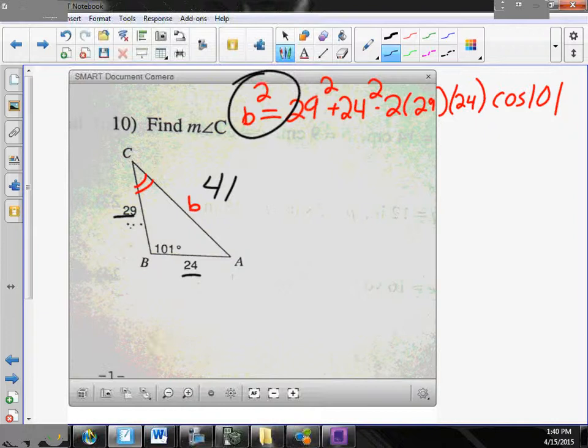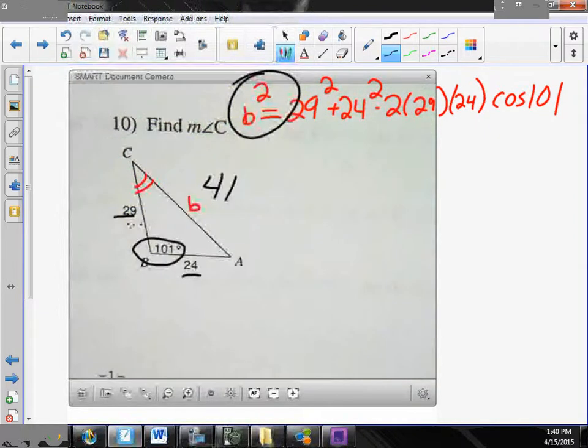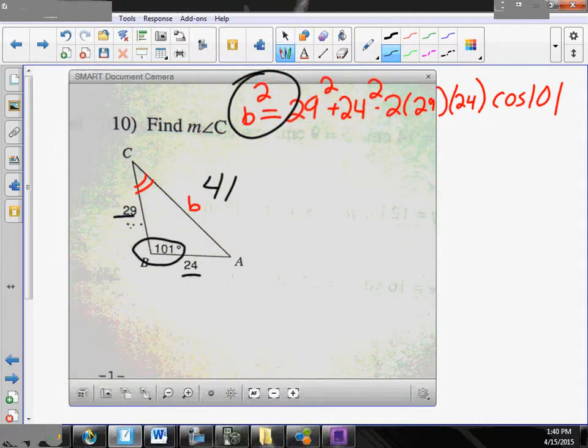Yeah, that could happen. This angle here is quite a bit bigger than the other two angles, which means that the side opposite should be quite a bit bigger than the other two sides. If you get an answer like 30 in this case, it's probably not big enough. If you get the answer of 5, it has to be wrong.